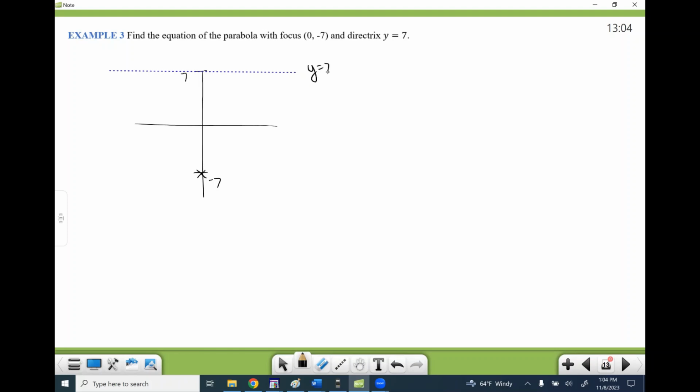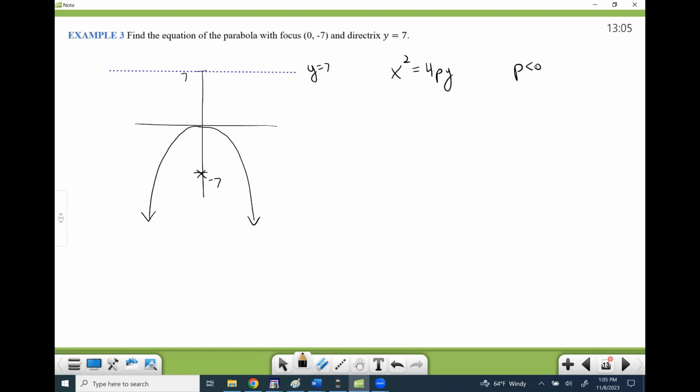So let's think about what we know. Well, then we know that our parabola must face downward because it always has to open towards the focus. So the fact that it faces downward tells us that it's x squared that we're going to have. But it also tells us that p is negative. So it's going to make it face downward.